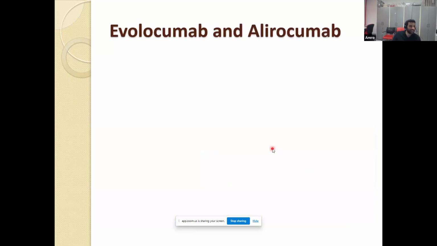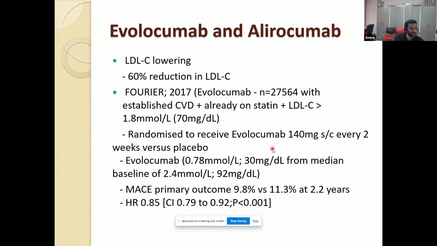They have revolutionized care because you can get up to 60% lowering in LDL cholesterol. The FOURIER trial, I'm not going to go through this, these are on the slides, showed a significant reduction in LDL cholesterol in patients already on statins.